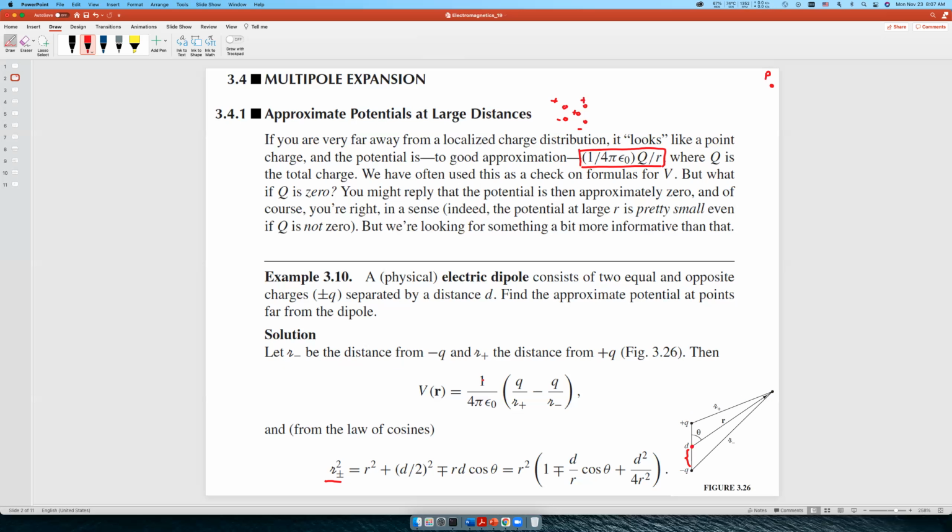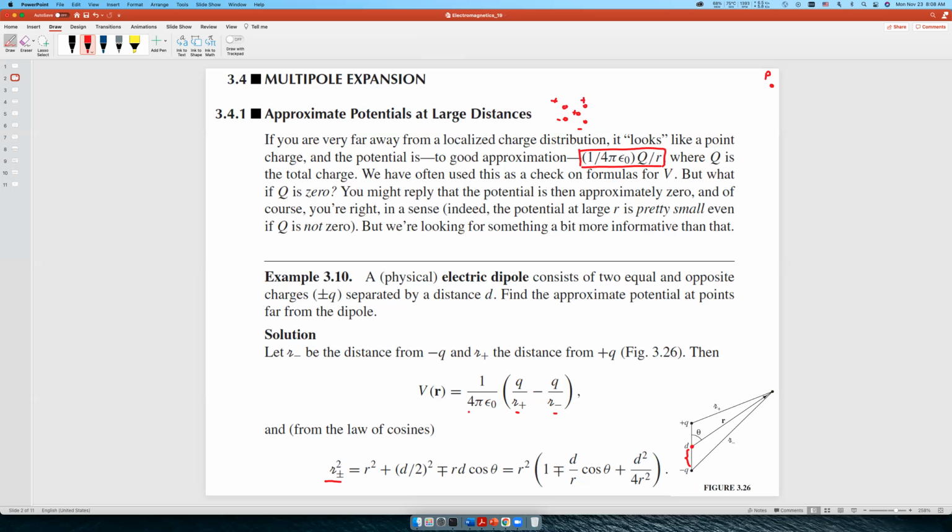V equals 1 over 4 pi epsilon, Q over r plus, subtracted by Q over r minus. So this is the term for the potential generated by the positive charge, and this is for the negative charge. You simply sum them up, you will get the potential from this dipole.